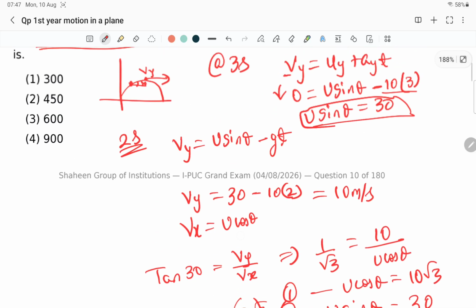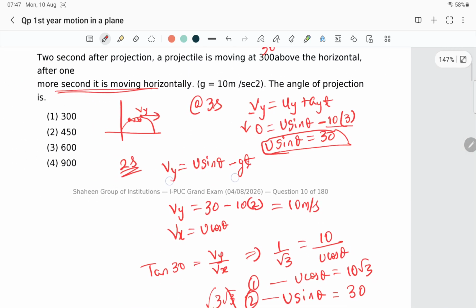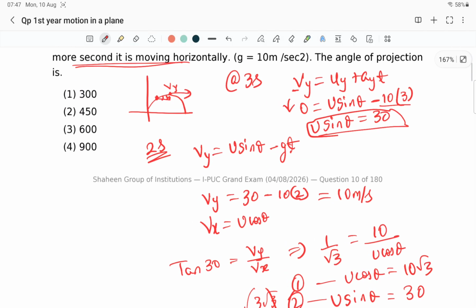So I hope you understood this particular problem. A little lengthy, so just observe what we have done. From the question, he told us that at 2 seconds it is at an angle of 30 degrees, and after one more second it becomes horizontal.